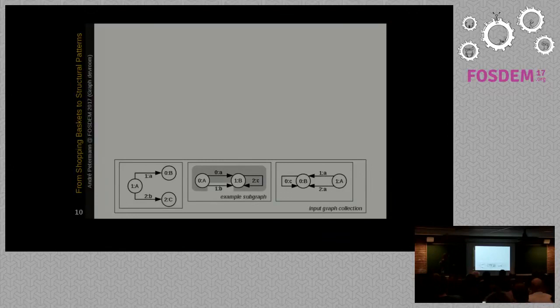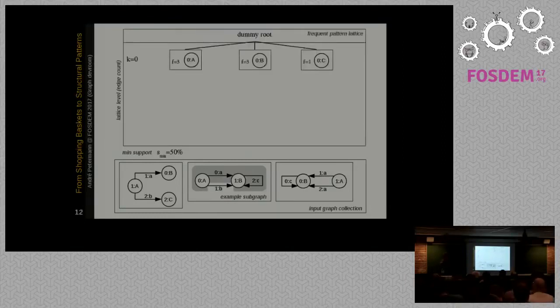Just so as not to confuse you, a subgraph is a part of a graph. We're interested in such subgraphs which occur in at least 50%, so in 2 of 3. Typical algorithms use the abstraction of a frequent pattern lattice, which contains different levels.